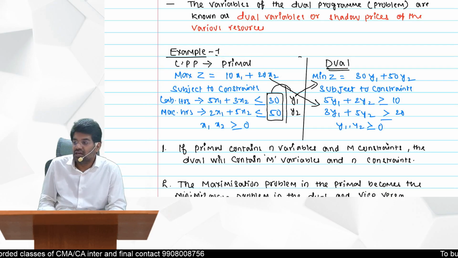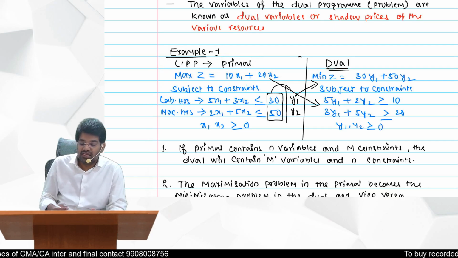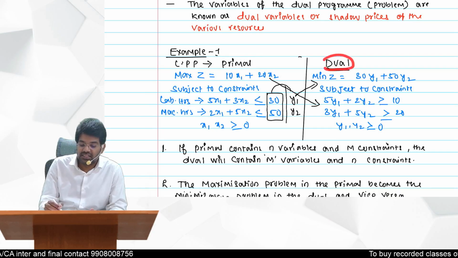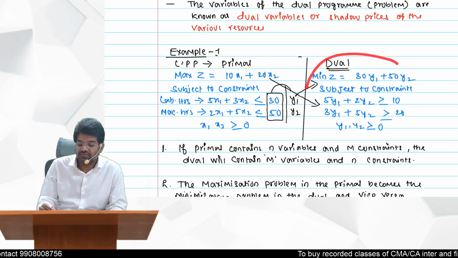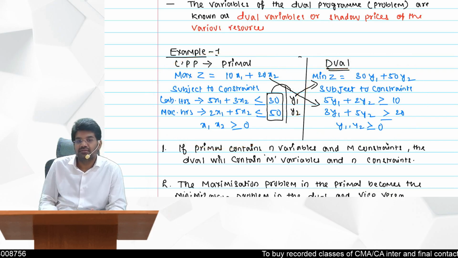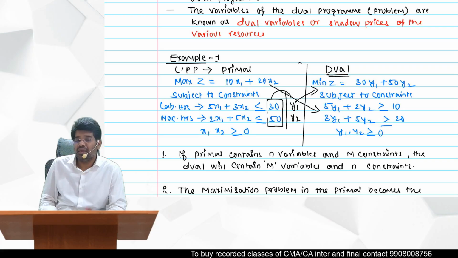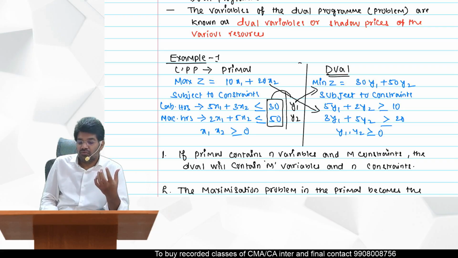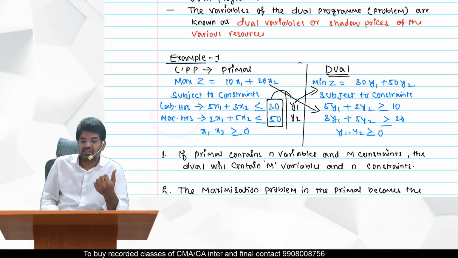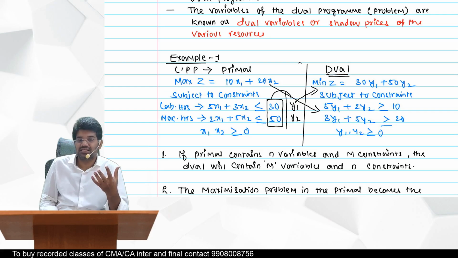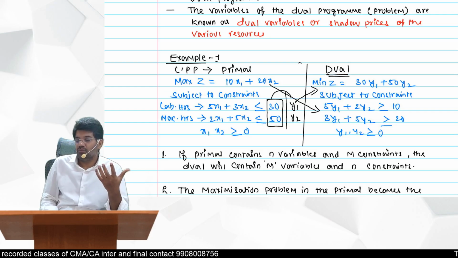Now what is the dual? The same primal can be written in this form, which is called the dual. If you make your input variables the decision variables, then it becomes a dual program.